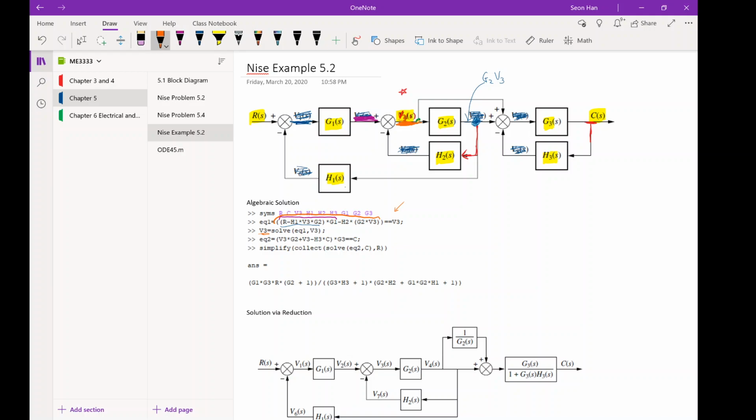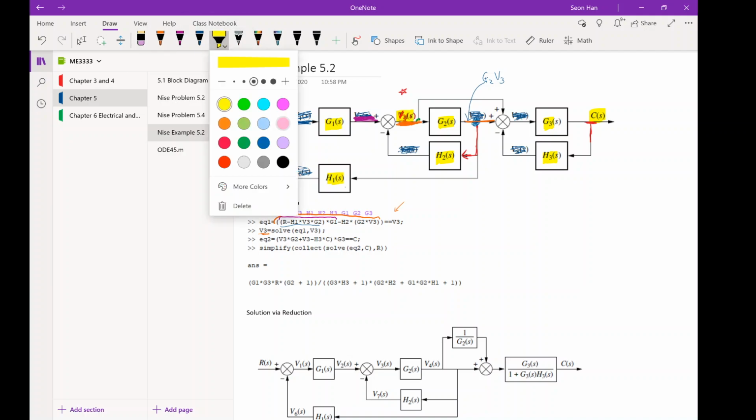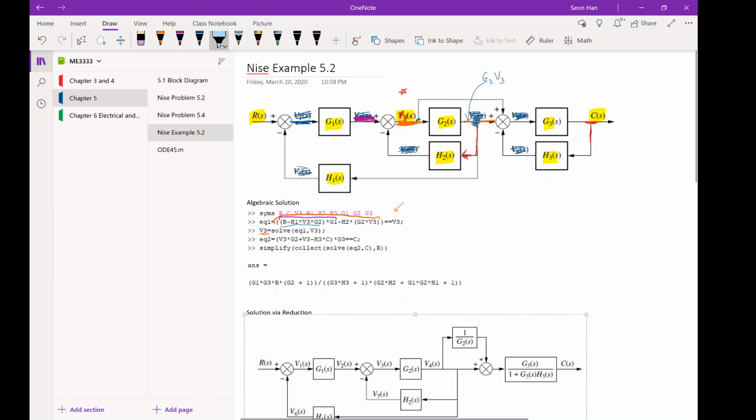So equation 2 starts from V3. You have V3, you multiply by G2. That's that line right there. Maybe I can use a highlighter. How about the blue one? Right there, so this is up to G2 times V3.